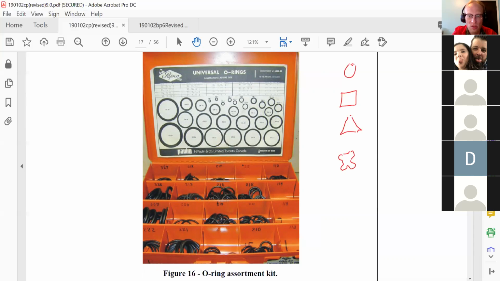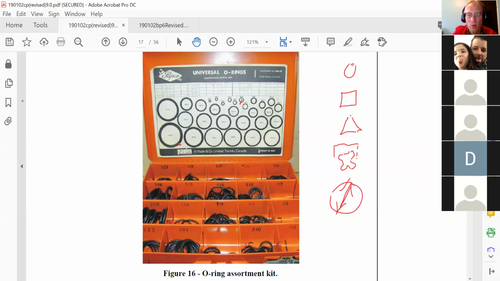So there is a numerous amount of cross sections. Then there's a large variety of material thickness, as you can see here. So we have thicker series, thinner series, and very thin. And then there's also going to be the diameter size, okay? So the area across.